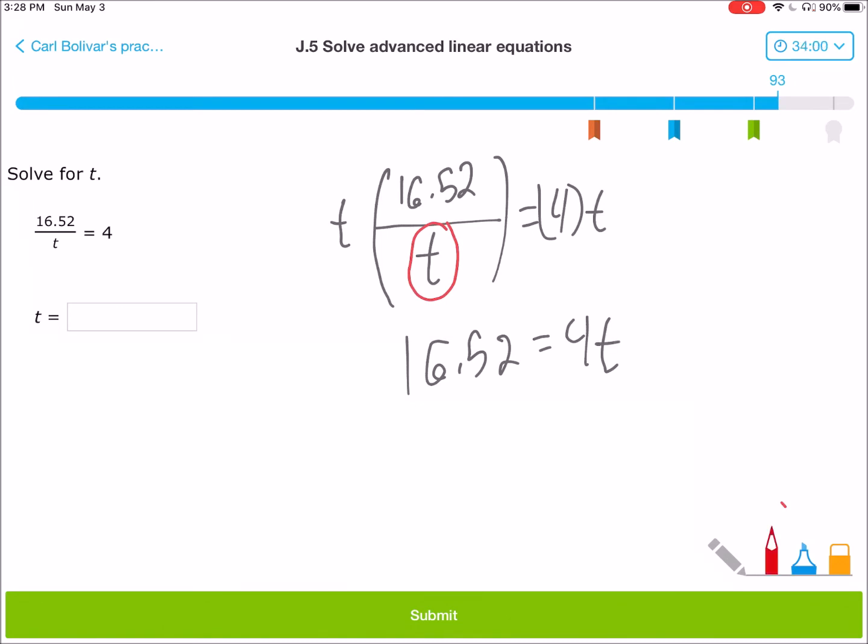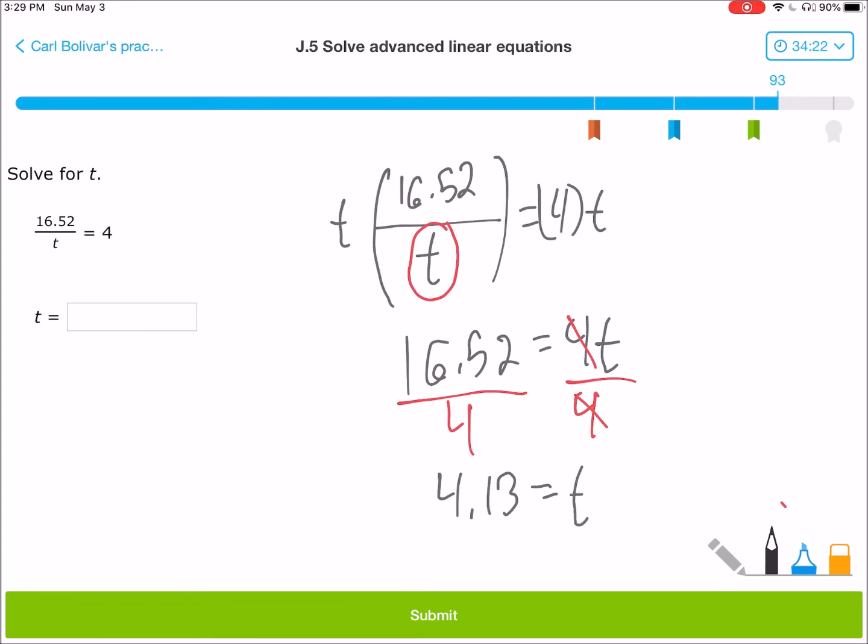Now we will divide by 4 so that we get rid of that 4. 16.52 divided by 4 will give us 4.13 is equal to t.